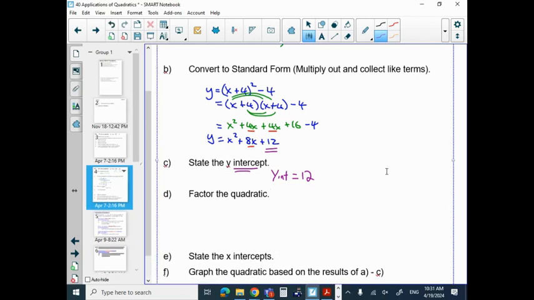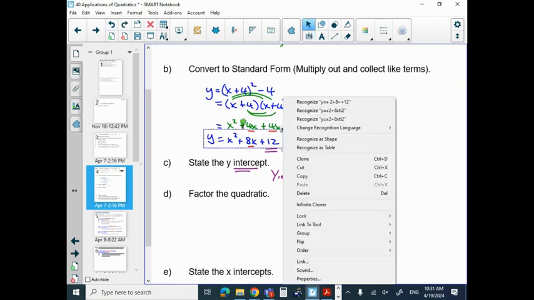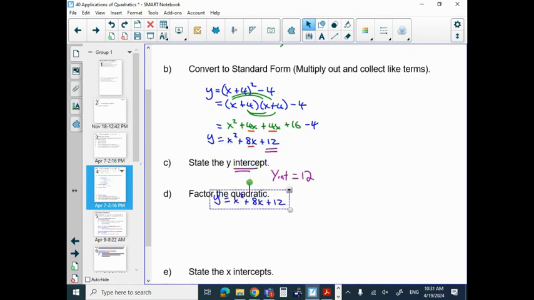If we're asked to factor that quadratic, now that we have that standard form, let's see if that's a piece here that I could grab. Perfect. So we have this quadratic.